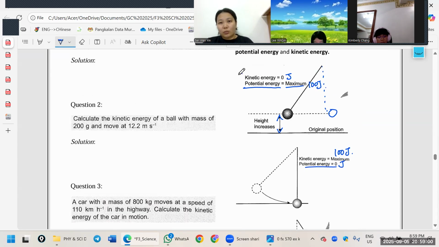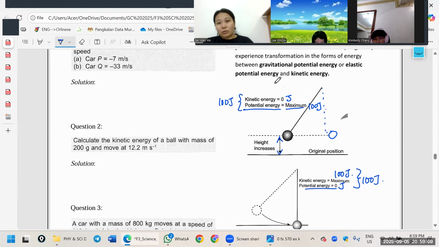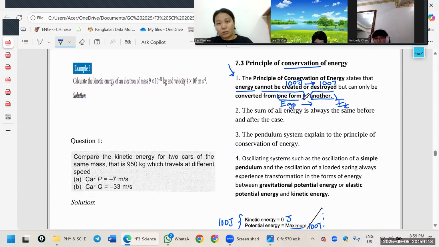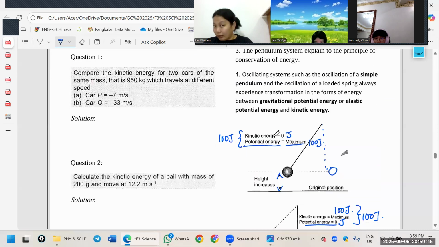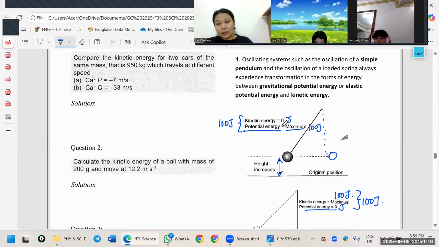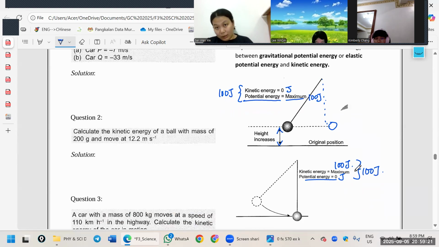So now can you see what the total is? 100 joules. What is the total? 100 joules. So this is the principle of conservation of energy. Energy cannot be created or destroyed. Means 100 is still 100, but it can change from gravitational potential energy to kinetic energy.